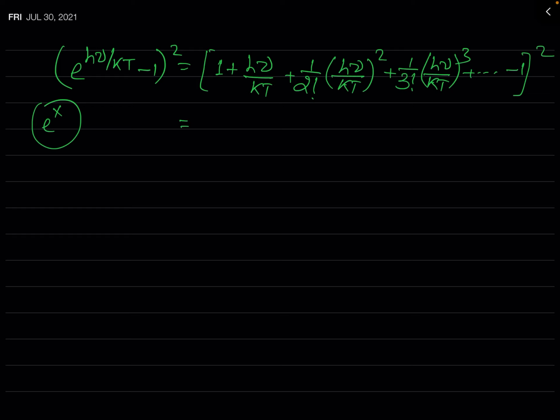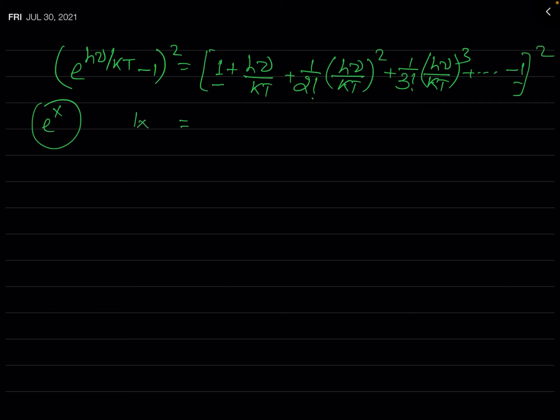Now you can see this 1 and this 1 will cancel out, and as we are considering that temperature is very high, you can see in each and every term T, or T square or T cube, is present in the denominator.